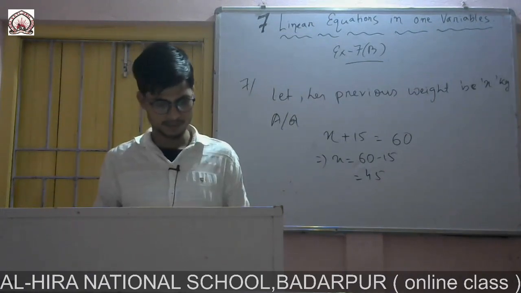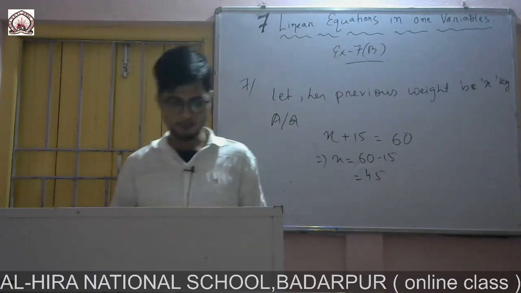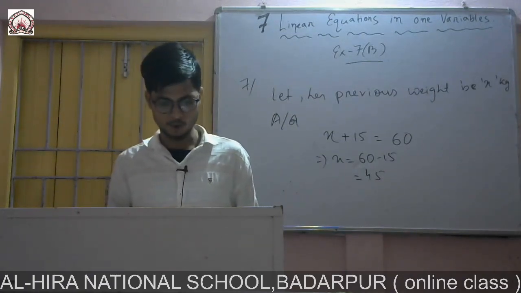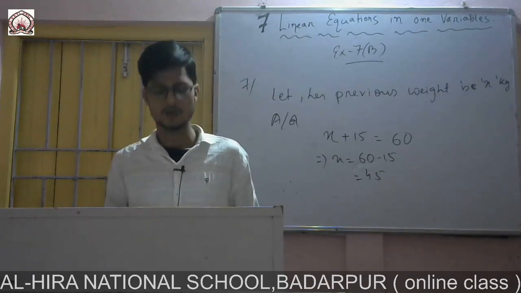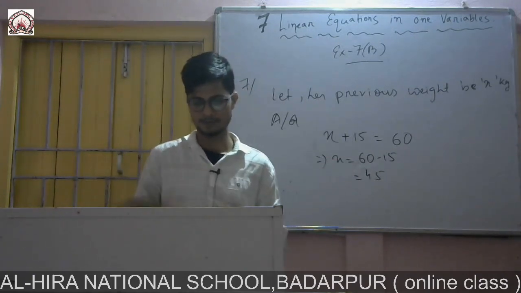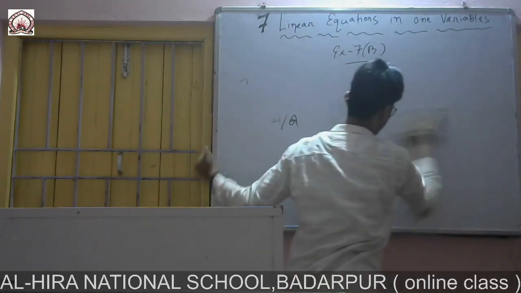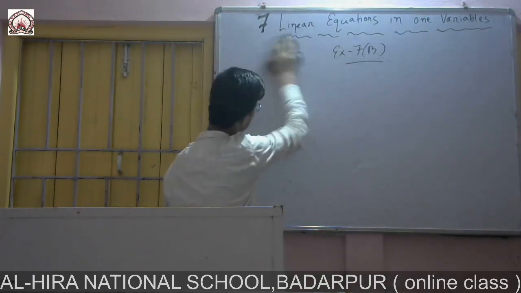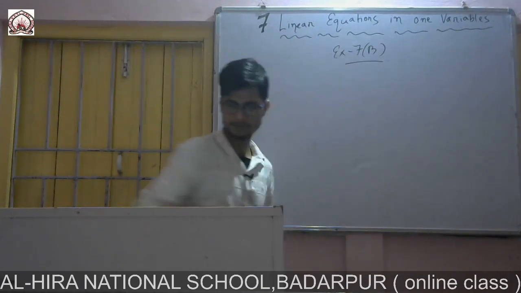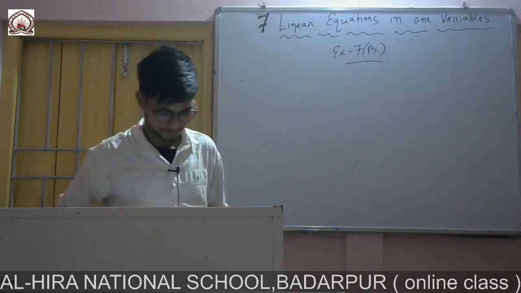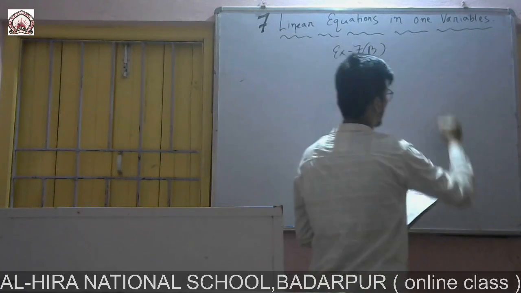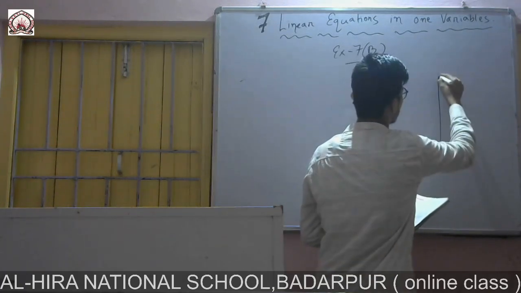So now you see question number 8. A pole x meter long is broken into two parts. One part is 5 meter long. So a pole is given, let it be a pole.